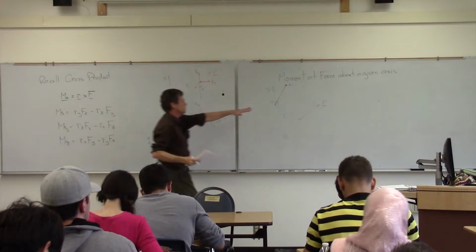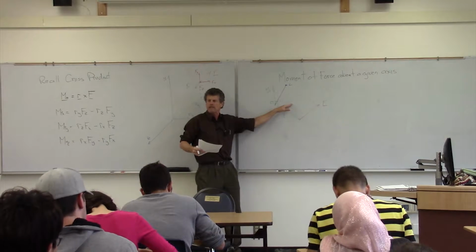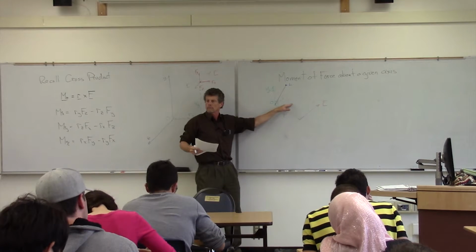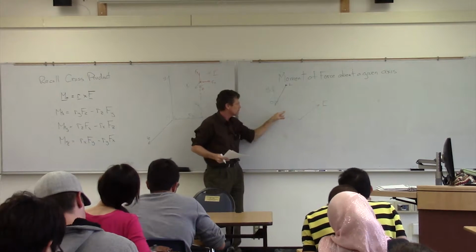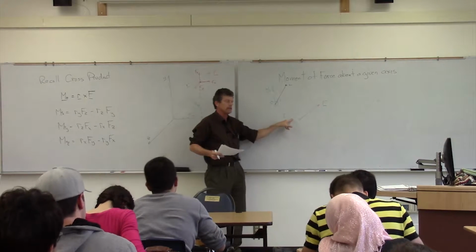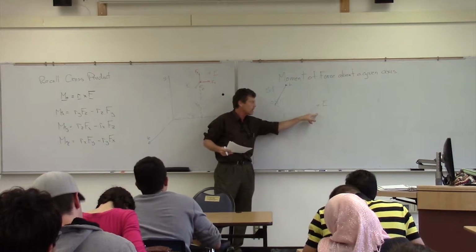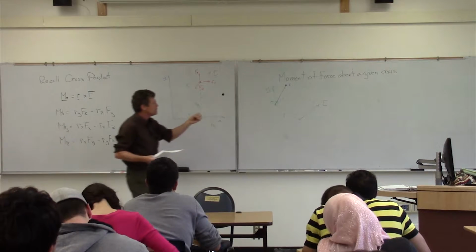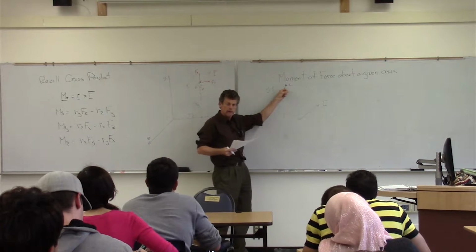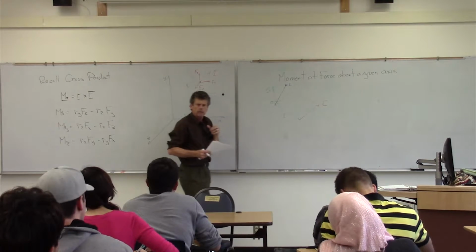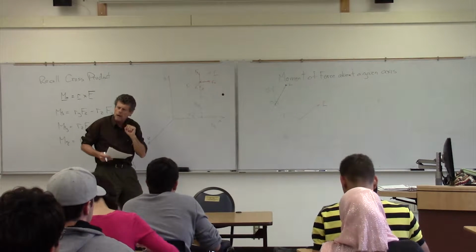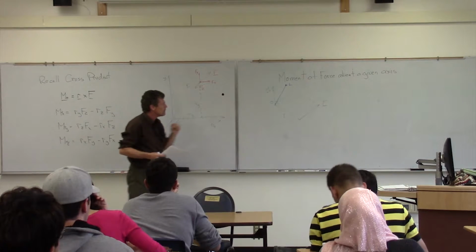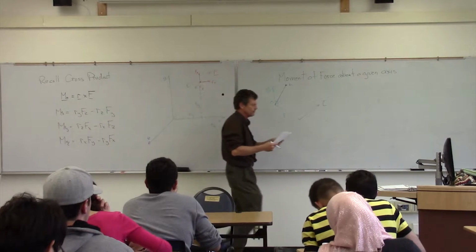Again, this plane doesn't have anything to do with the structure or the material. It's just simply a plane created by the fact that I've drawn an r vector that way and an f vector that way. So in terms of getting to my real materials, or when I get into design and that sort of thing, I may be interested in actually what is the moment about that particular line, about some given axis.